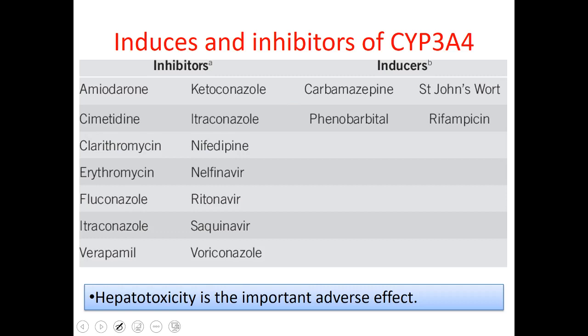There are two more similarities with statins. Fibric acid derivatives undergo metabolism by the same enzyme. So, when you are combining with statins, again both will undergo metabolism by the same enzyme. So, you may have to often titrate the dose, and they also share the hepatotoxic risk with statins.